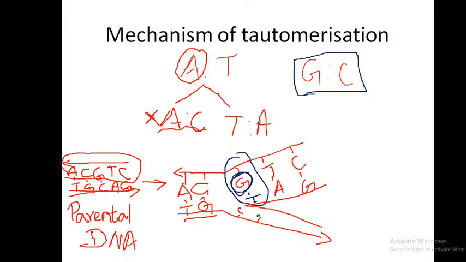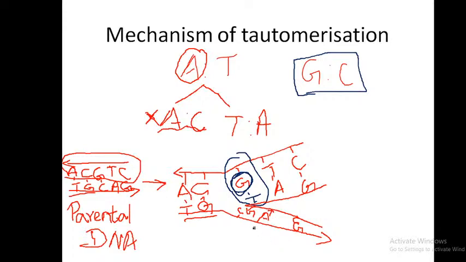C, A, and G. And here it will be pairing, C will be pairing with G, A will be pairing with T, G will be pairing with C, and as a result of that, a change has happened.